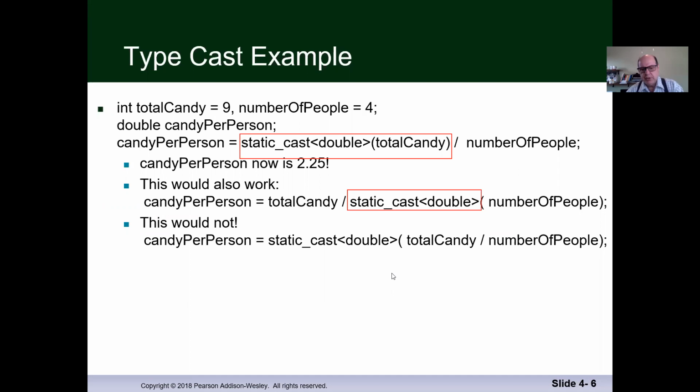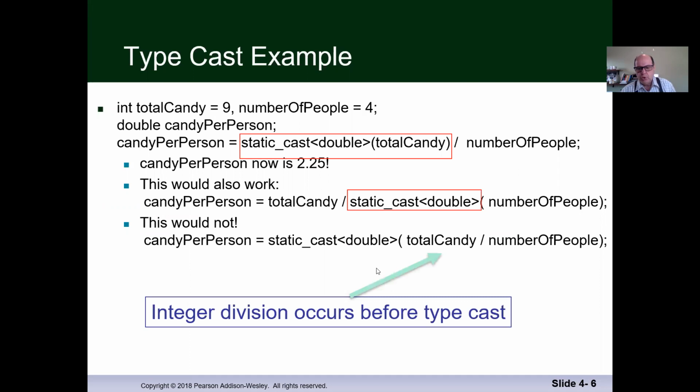Why do you think this is not going to work? So I am doing the static cast double. I'm putting my numerator and denominator in there, but this is not going to give me what I want. Why? Why do you think this is not going to work? So remember, parentheses has the highest precedence in the math.